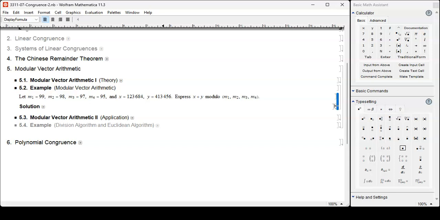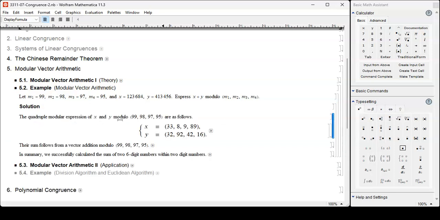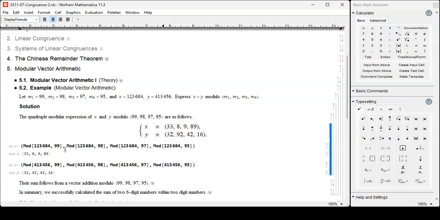And we went through an example problem like this. x is 123684, y is that number, and then divide by 99, 98, 97, and 95 respectively, and take the remainders. So that's 33, 89, 9, and 89 respectively, and so on, like these. You can verify those with a computer.